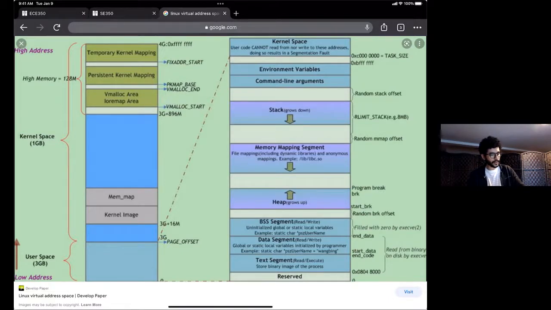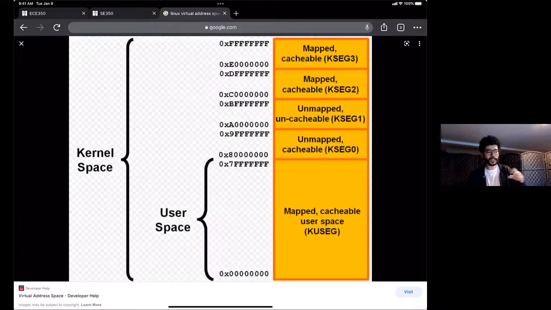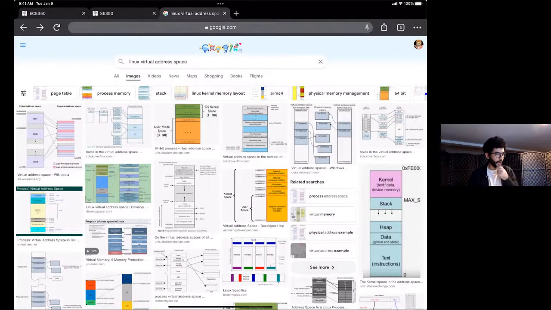As you can see in these pictures, usually the kernel is mapped to the higher addresses of processes. This paradigm changed dramatically after the Meltdown attacks. After Spectre and Meltdown, I think it was mostly Meltdown, the Linux operating system doesn't map its entire address space, or even part of it, there anymore.